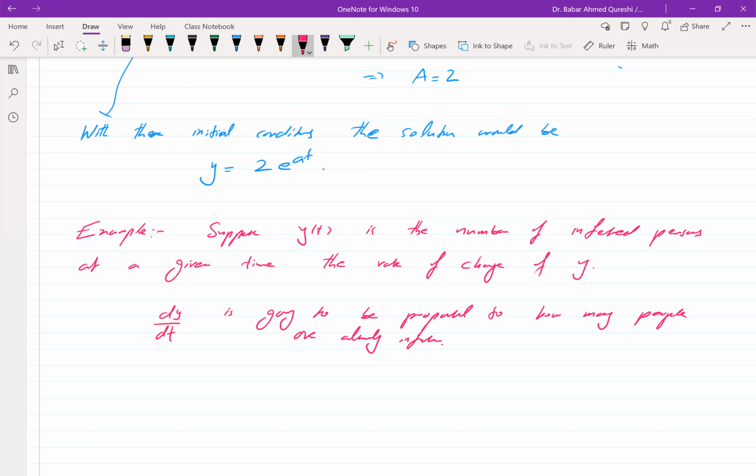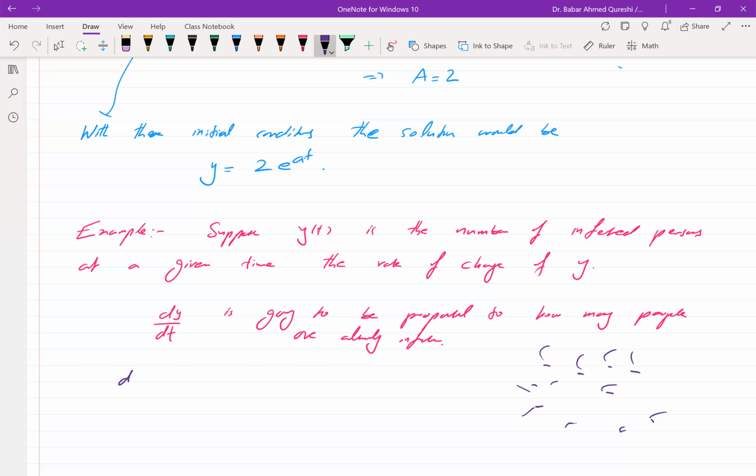So obviously if you have 10 people and each person, for example, has a probability of infecting another person at the rate of, let's say, 20% probability of infecting one person a day, then each one of them can infect other people.